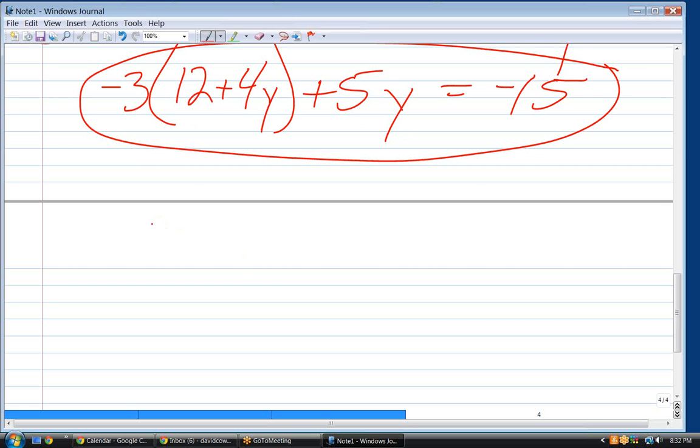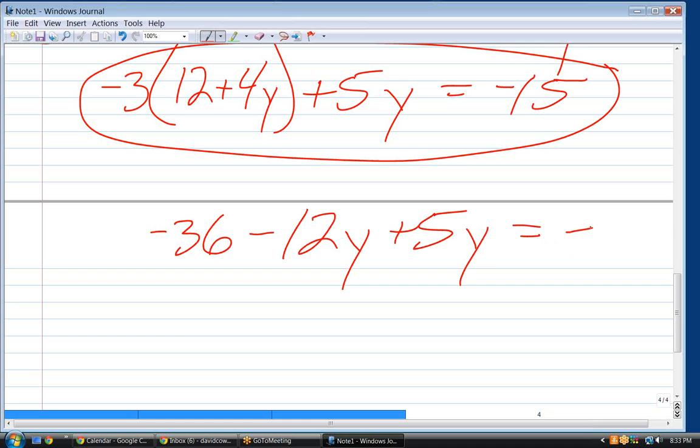So distribute with the parentheses? Yep, let's get rid of the parentheses, which means distributing that -3. So what's the next line? -36 minus 12y plus 5y equals -15. Next line? -7y minus 36 equals -15.